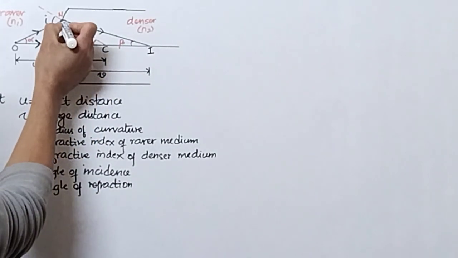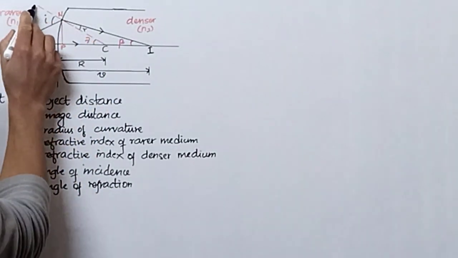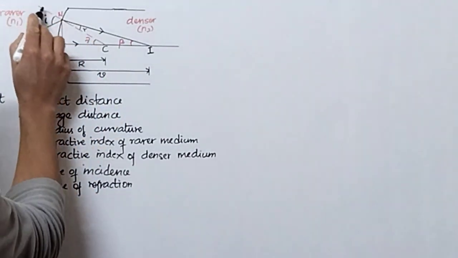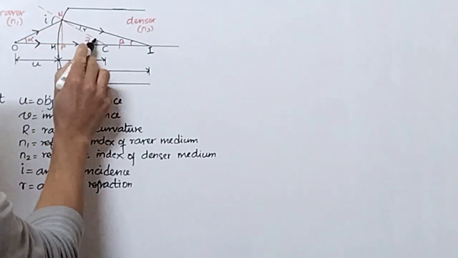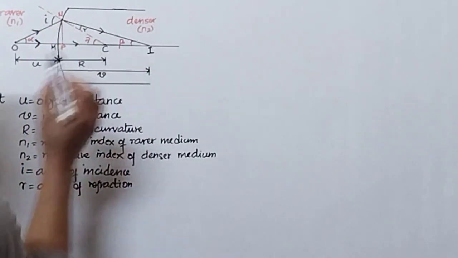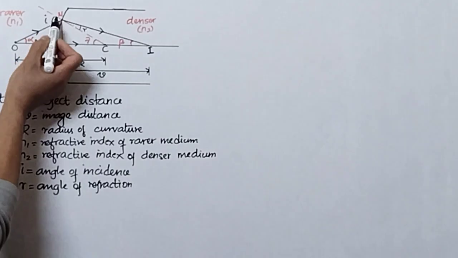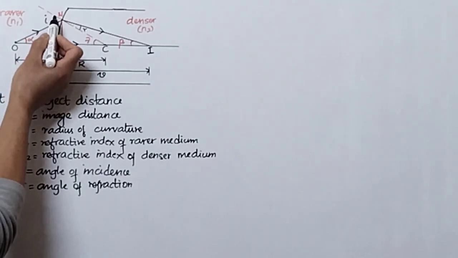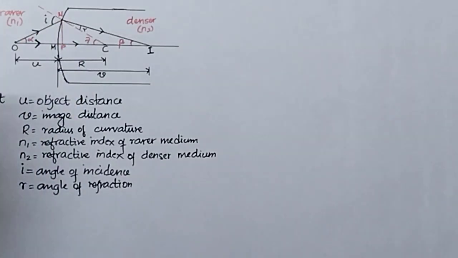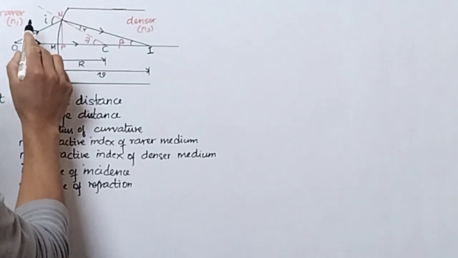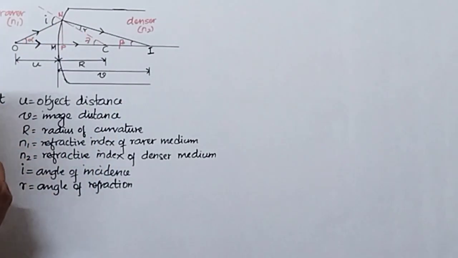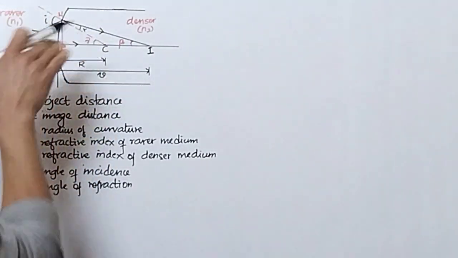Now at this point, which is point N, we will drop a perpendicular or normal to this surface, and this normal will pass through the center of curvature C. So this angle between the normal and the incident ray is our angle of incidence I. Now as the ray of light goes from the rarer medium towards the denser medium, it will bend towards the normal.